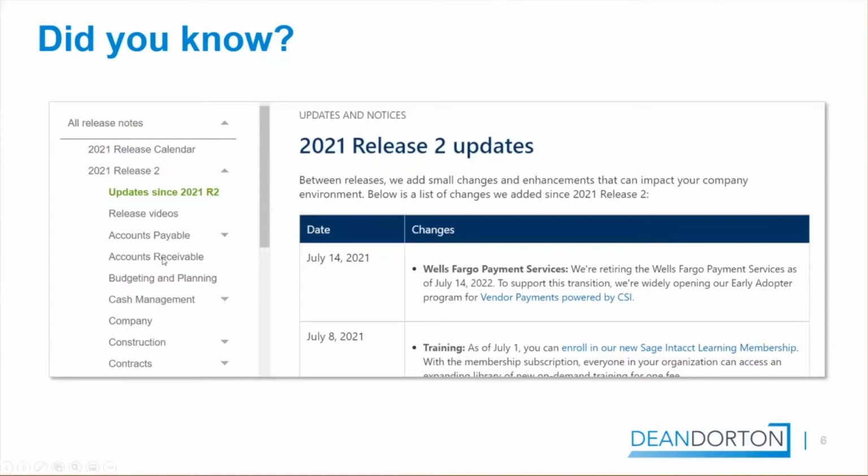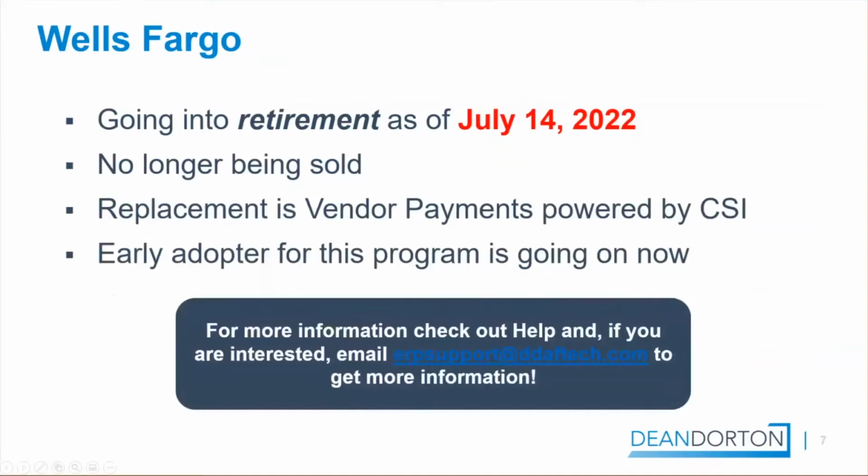It has been announced, for example, that the Wells Fargo payment manager will go into retirement as of July 14th, 2022. It is in fact no longer being sold, and it is being replaced by the vendor payments powered by CSI module. There is an early adopter program.